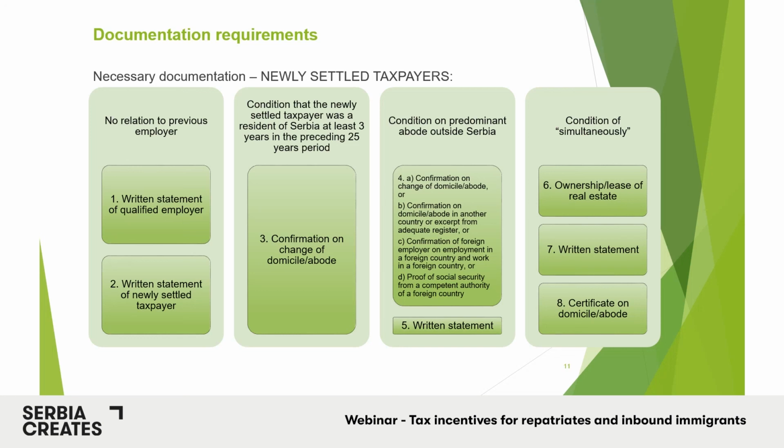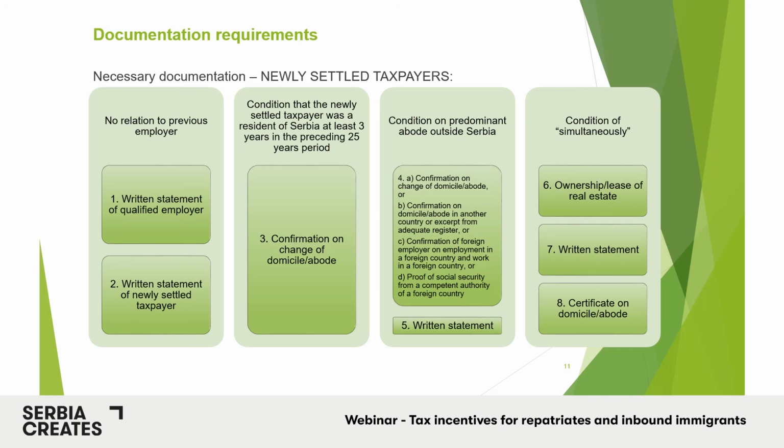Also, what you need to do is, basically, the application of this incentive begins from the first paycheck where you know that the conditions are met or that they will be met.